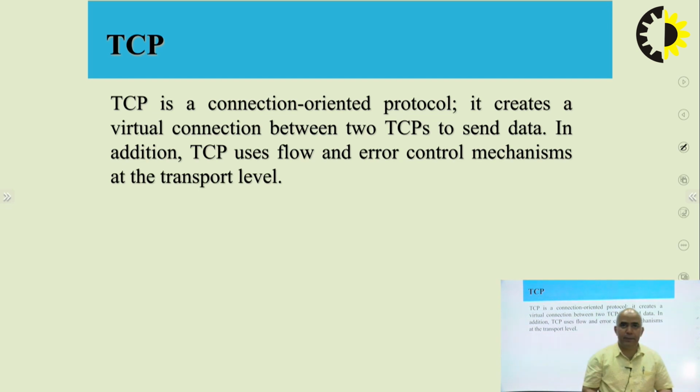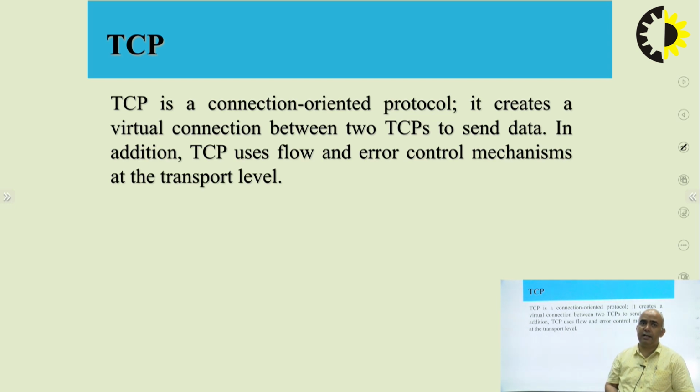TCP is a connection oriented protocol in which, once the connection has been established between the two nodes and the receiver sends an acknowledgement back, the sender will start sending the data over the network.